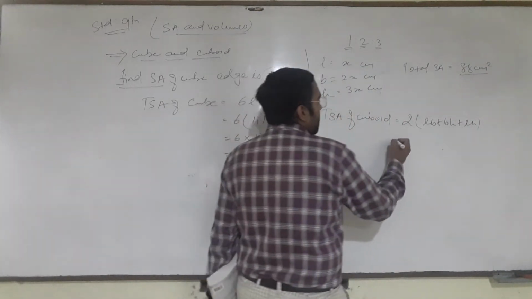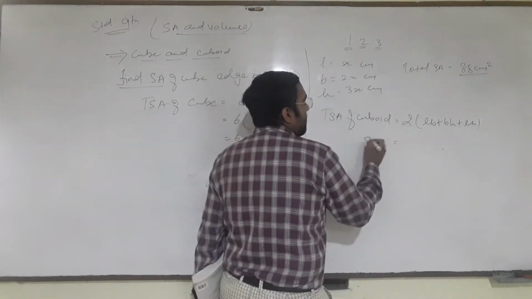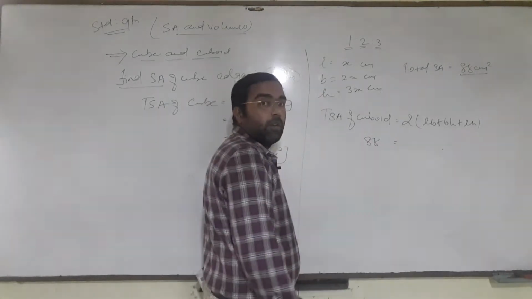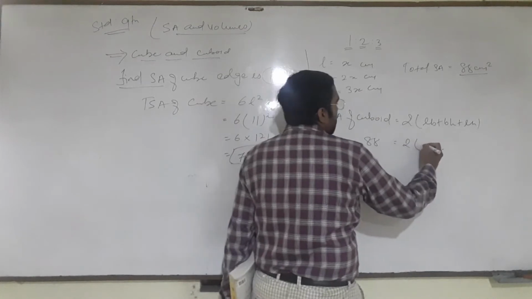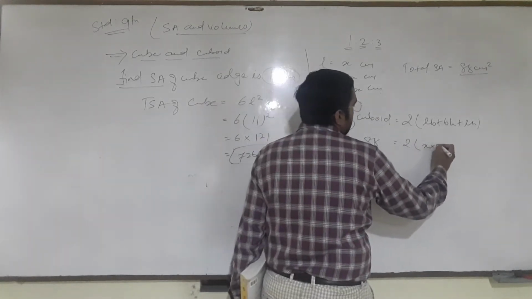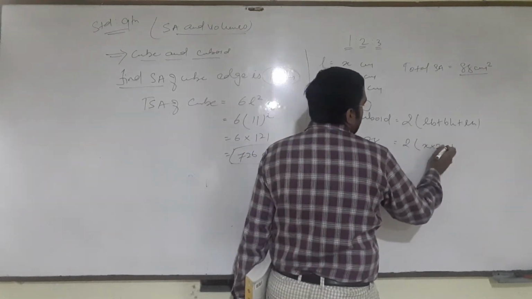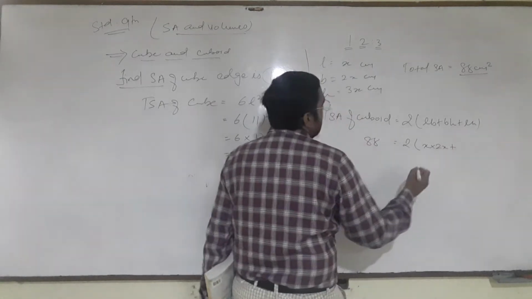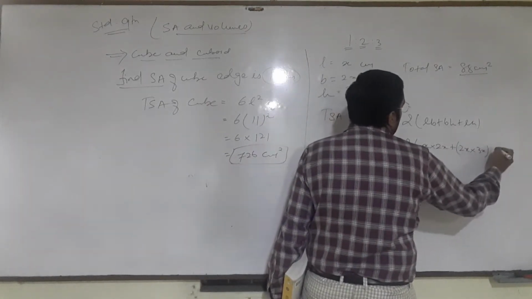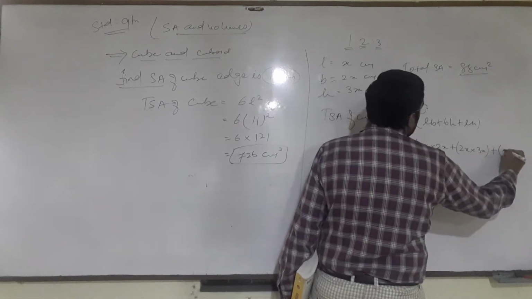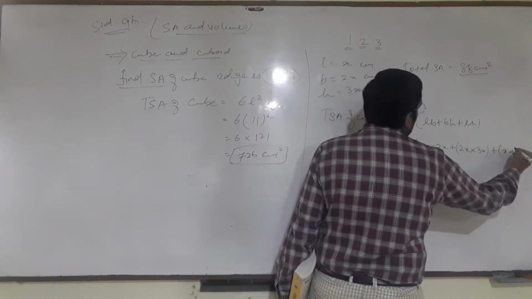The total surface area is given as 88. Therefore 2 times (L is x into B is 2x, plus B is 2x into H is 3x, plus L is x into H is 3x).